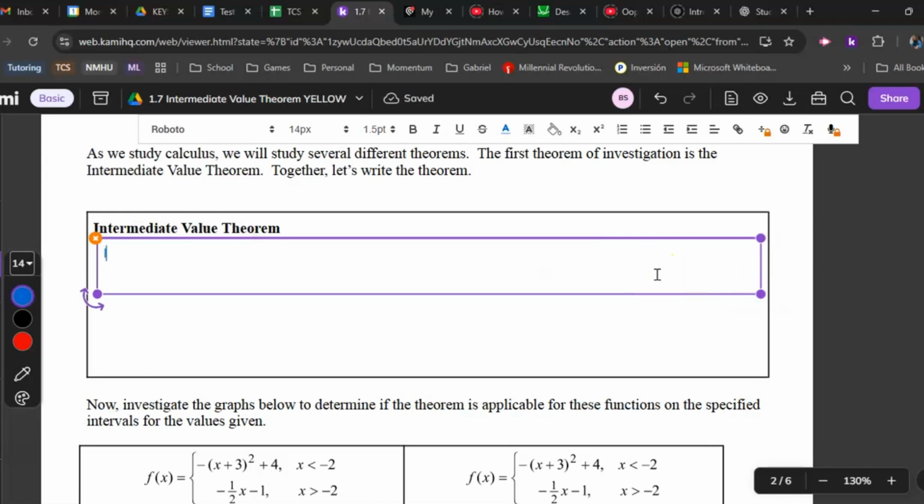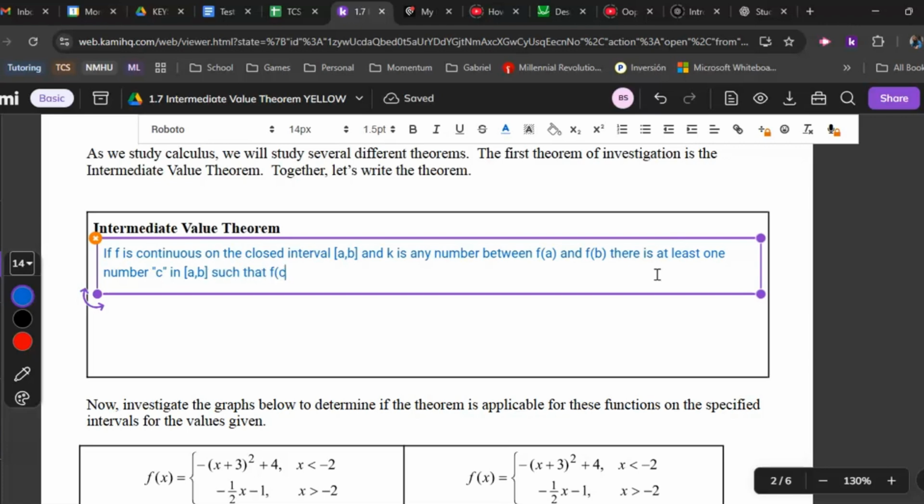So let's start with our mathematical technical version first. If f is continuous on the closed interval [a, b], and k is any number between f of a and f of b, in other words the y values, then there is at least one number c in [a, b] such that f of c equals k.